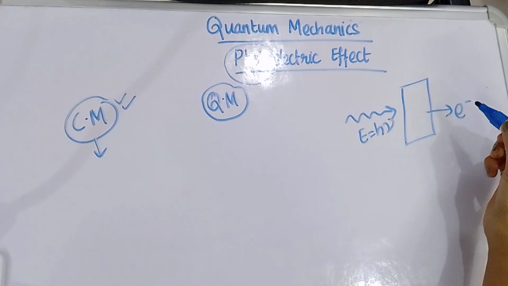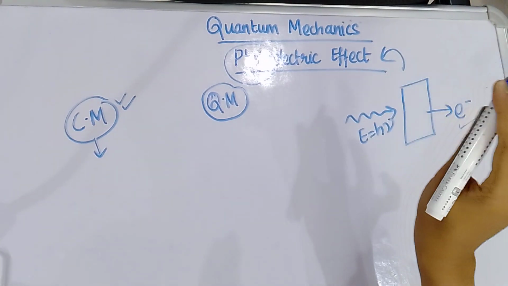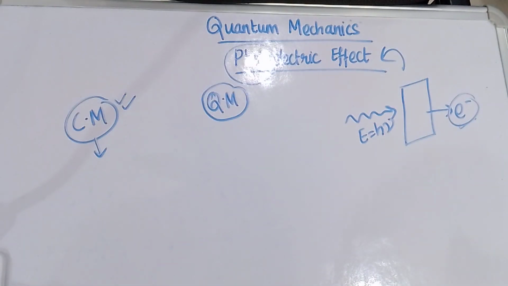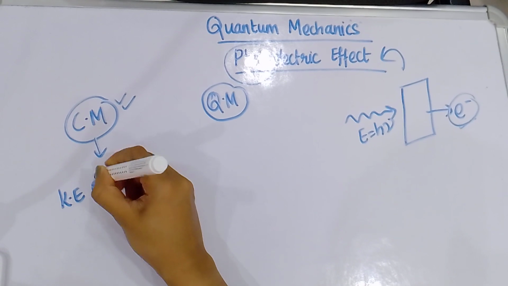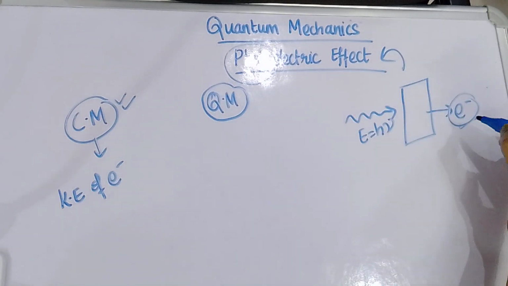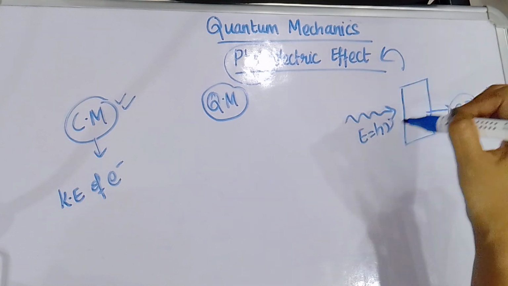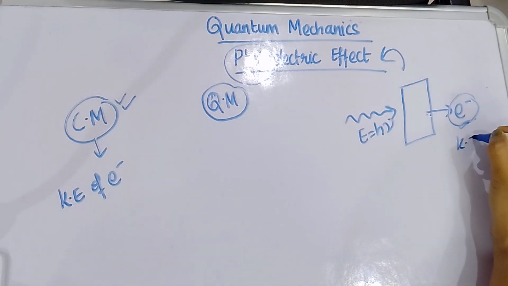The electrons get knocked out, and that is known as the photoelectric effect. Classical mechanics believed that the kinetic energy of the electron, what is kinetic energy? The energy with which the electron is coming out of the metal surface, that is the energy of movement, referred to as kinetic energy.